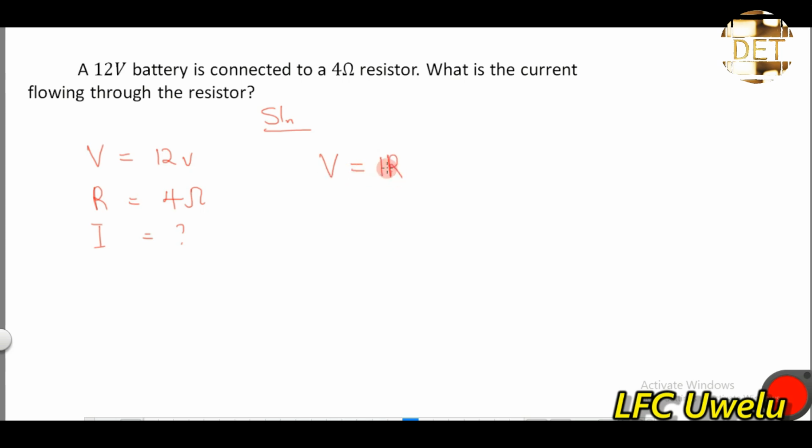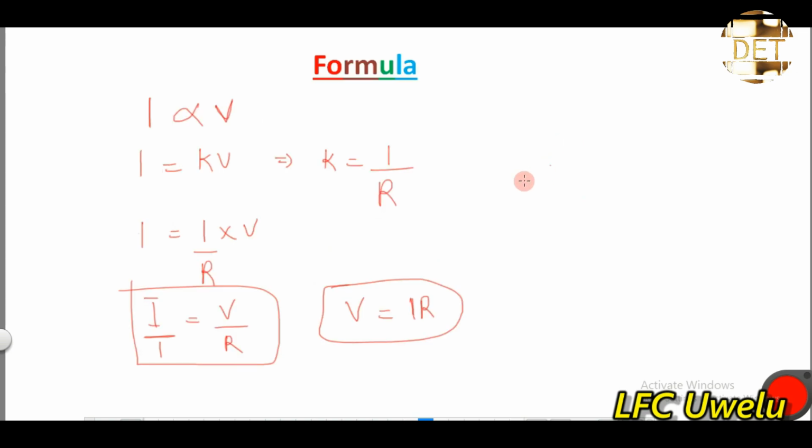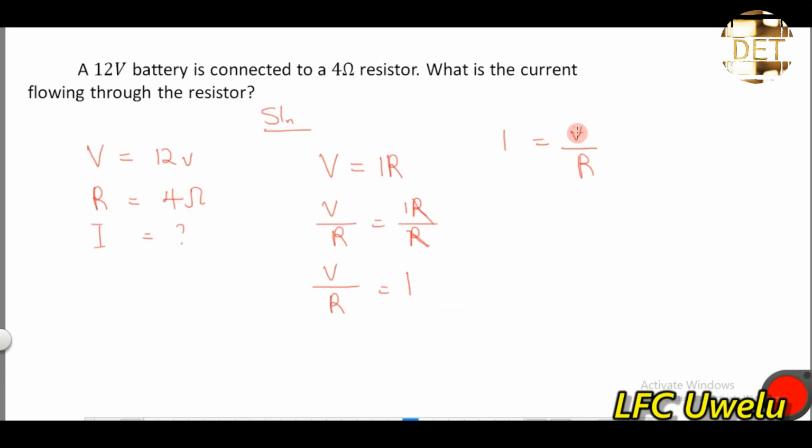V is equal to IR. If I should make I the subject of my formula, I will have to divide both sides by the coefficient of I, which is R. So this will be V over R is equal to IR over R, where R will cancel R. So my V over R will be equal to I. So my I will be equal to V over R. This is what we even got from Ohm's law, that I is equal to V over R. So if I is equal to V over R, my V in this question is 12, and my R is 4.